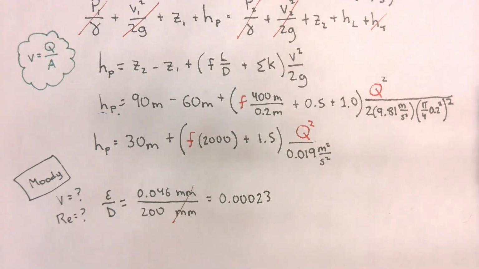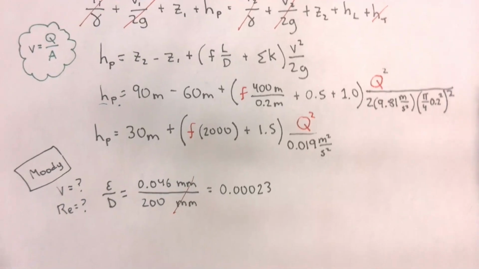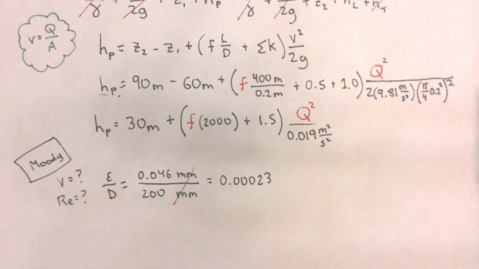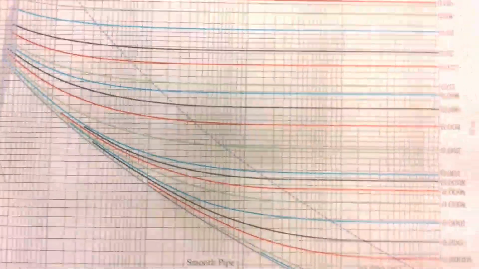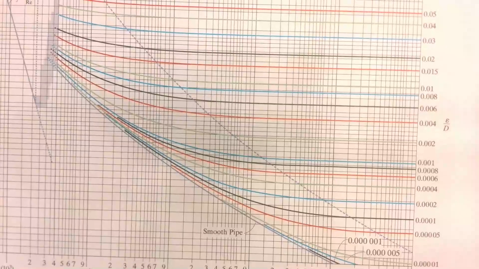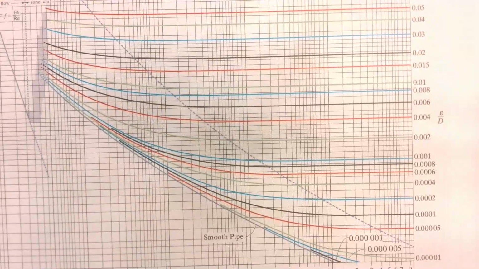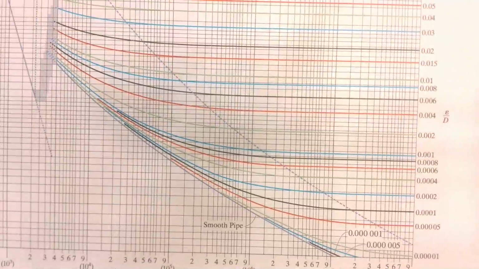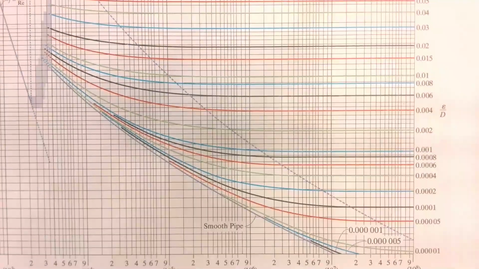Now, I can go to my Moody diagram, and using only this relative roughness, I can find a friction factor. So I have my textbook here, which means that I have my Moody diagram here. Our relative roughness was 0.00023. So that means I'm going to have to zoom this out a little bit. Oh, I can't zoom out.